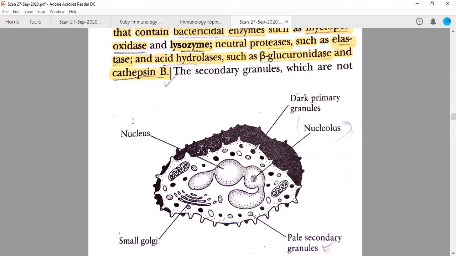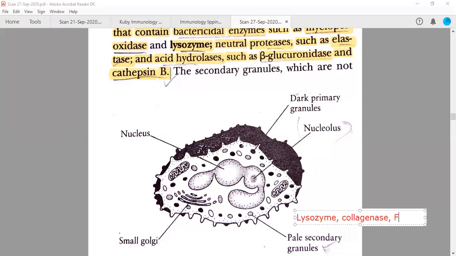I'm trying to write it here so that you can understand. The secondary granules also have lysozyme. So do not get confused: primary and secondary granules both have lysozyme, right? Then collagenase to degrade collagen, because animals have collagen in connective tissue.